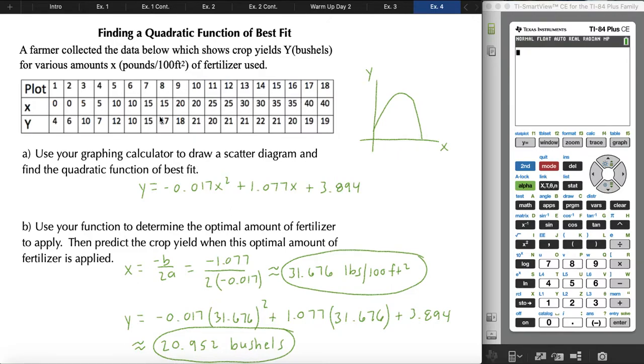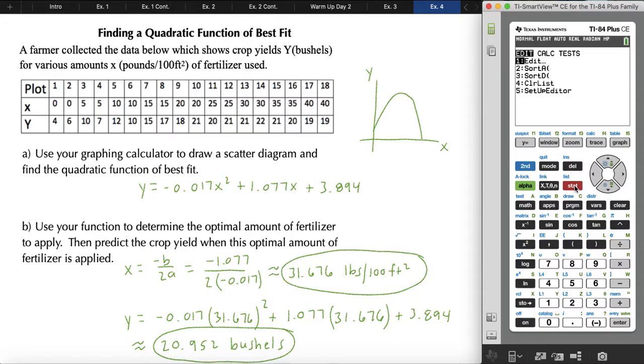So what we can do is we can model this with a quadratic function. We can put this into our calculator, much the same way we did when we were trying to come up with linear models. I've already done this just to make the video go a little quicker. To input this in, recall you just have to go to Stat and Edit.